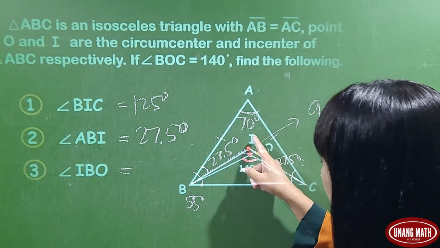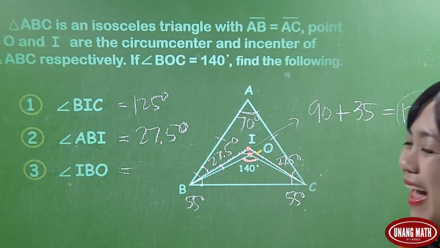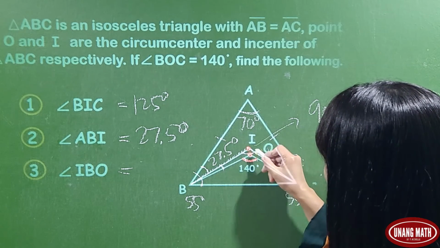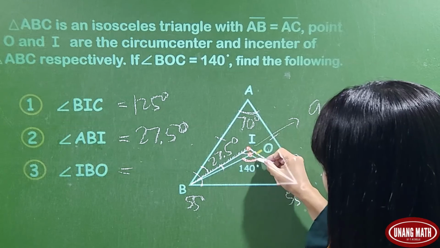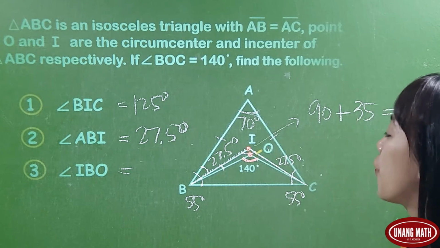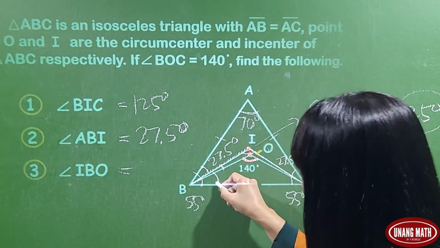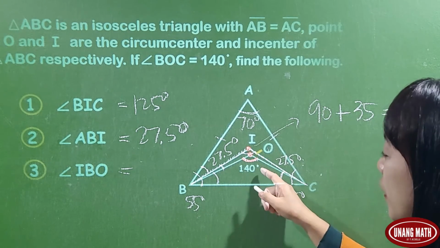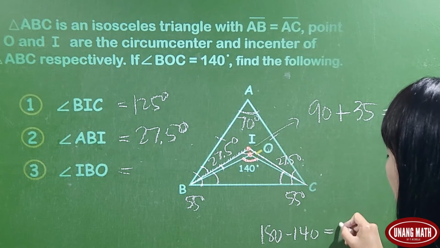Okay, for the last angle, it's angle IBO. Angle IBO is this small angle. Since this is our circumcenter, and this is 140 degrees, then this angle and this angle are equal. So 180 minus 140, that's 40 degrees.